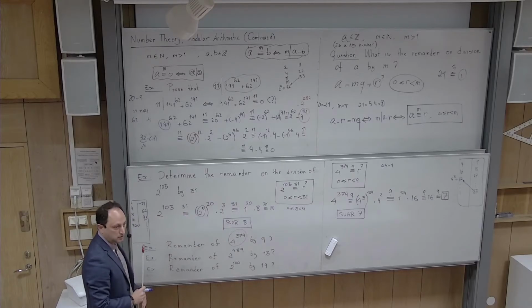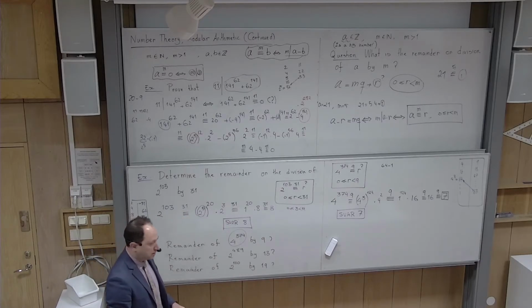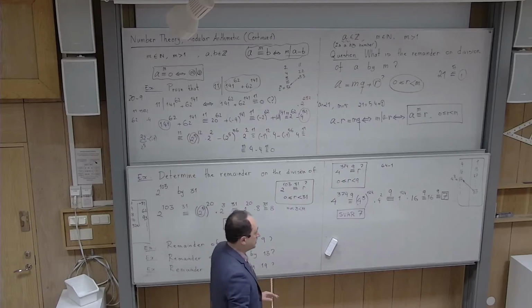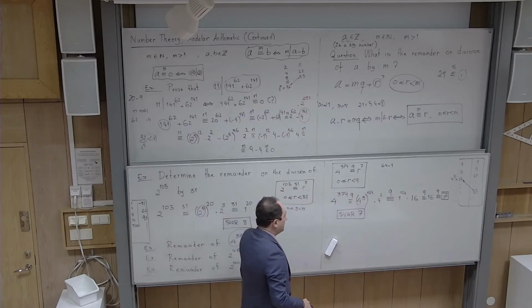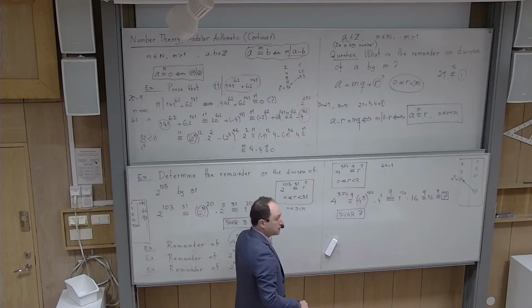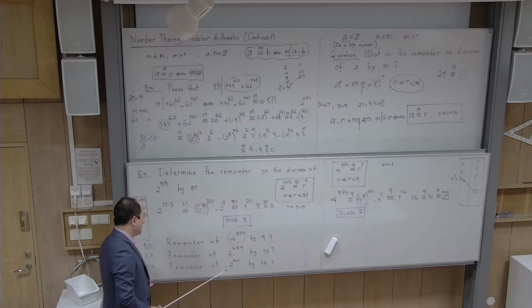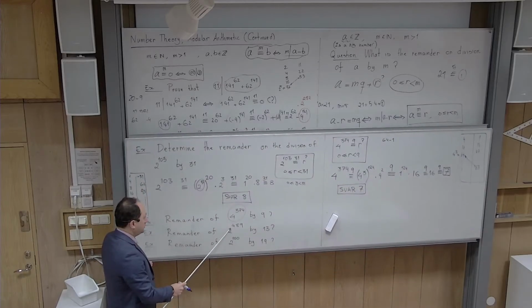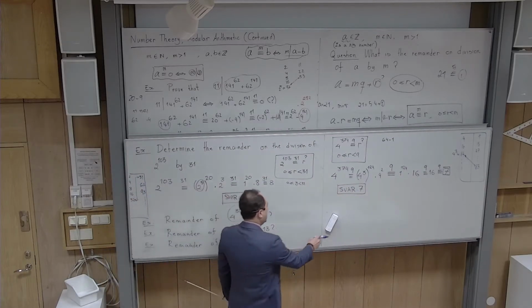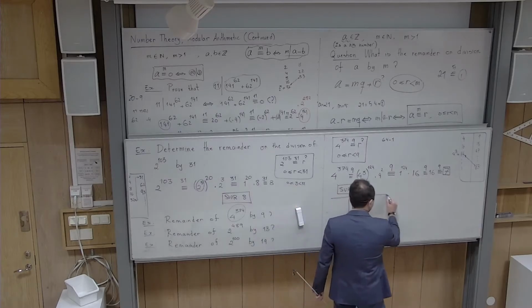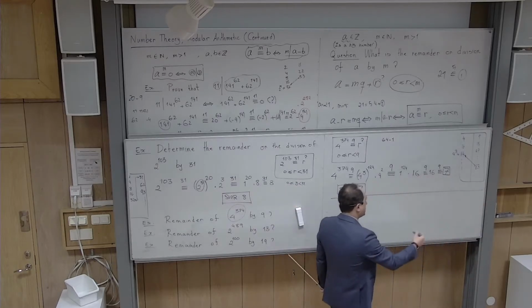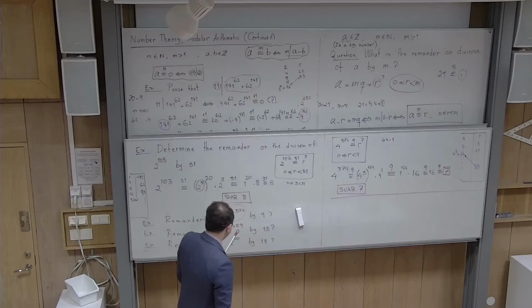Yes, is that understandable? So this is the general strategy, but these problems could be really hard sometimes. Any questions? Okay, let us do the other one again together. So the remainder of this power by 13. Let me just again explain everything. From the next examples, I will do it faster, but let me just explain everything again.